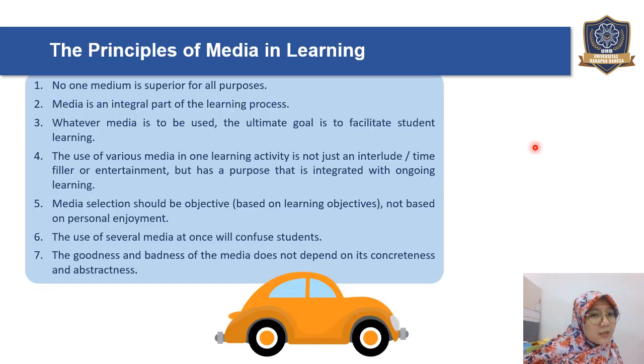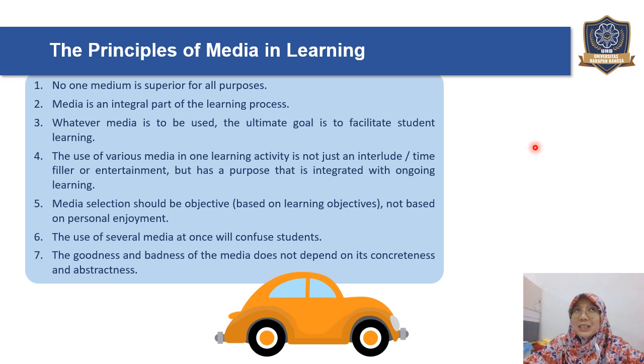Okay, so here are some principles of media in learning. Number one, no one medium is superior for all purposes. What I mean here is that there are so many types of media, but no one is the best for all. For example, I like storytelling, so I like to use a storybook.